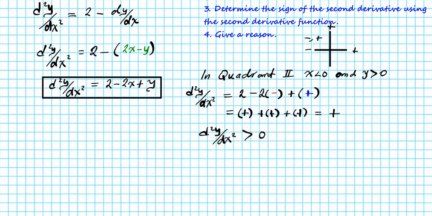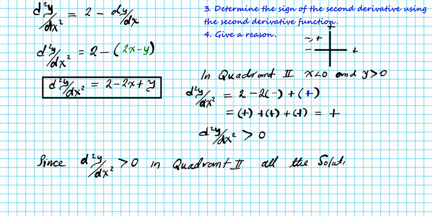Okay, so let's go ahead and write down the conclusion. Since d²y/dx² is greater than 0 in quadrant 2, all the solution curves, remember the solution to a differential equation is the function, okay?